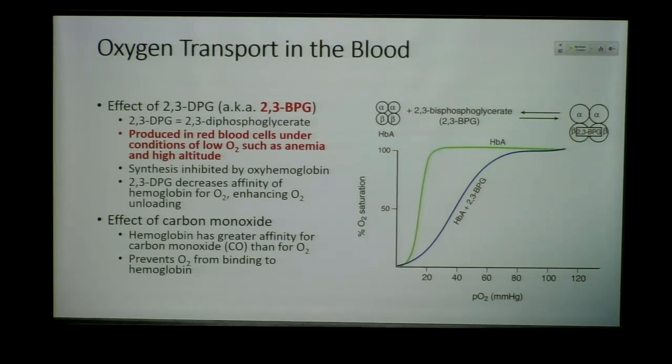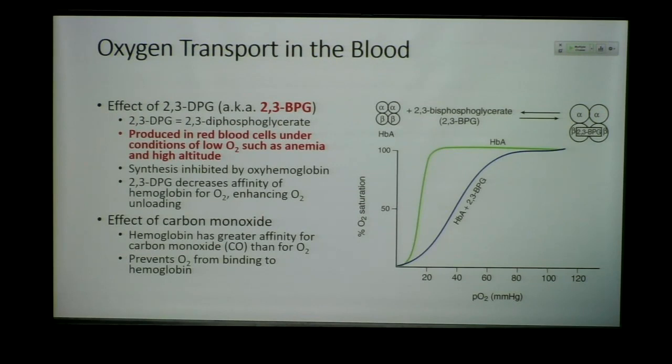And the way that 2,3-DPG acts is by blocking the interaction of hemoglobin and oxygen. Okay, so it's going to basically block hemoglobin from wanting to attract or to bind oxygen. And it's synthesized in response to anemia. So that makes sense, right? If you think about that.